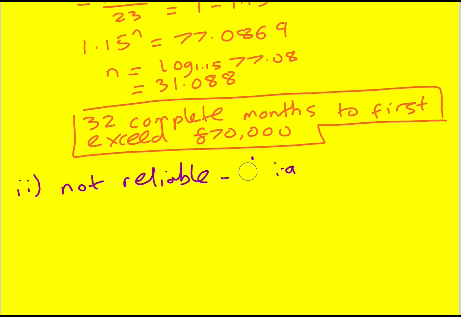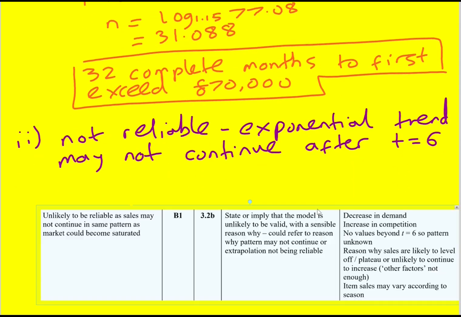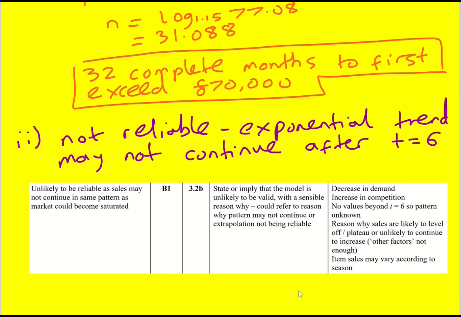The exponential trend may not continue after t equals 6. I feel like that should be enough, but the mark scheme started giving reasons why the trend may not continue.